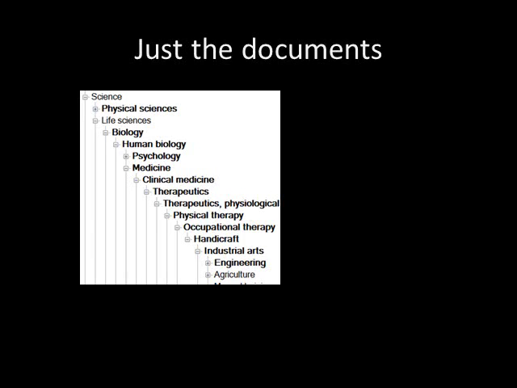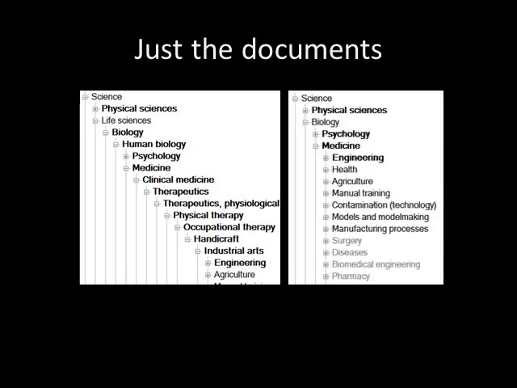So you've got a long chain through physical therapy, and then handicraft, industrial arts, and under industrial arts, engineering. Obviously, you can guess what happens here. Engineering is probably huge. Everything gets collapsed, and right under medicine, we get engineering. So again, we get a much shallower tree where the vast majority of the collection, close to 100% of the instances, is still accessible, but a much smaller tree, much easier to browse.